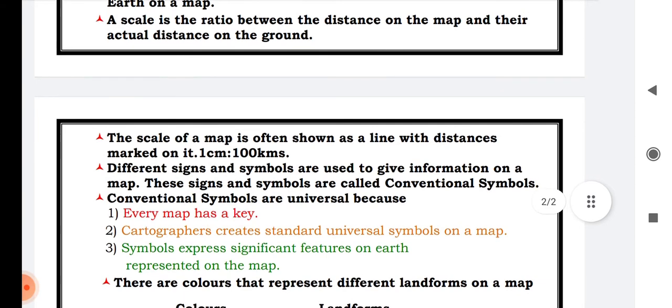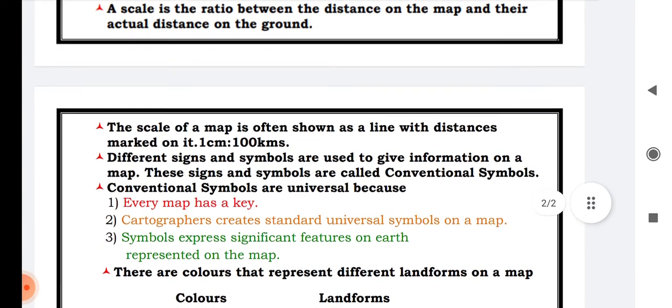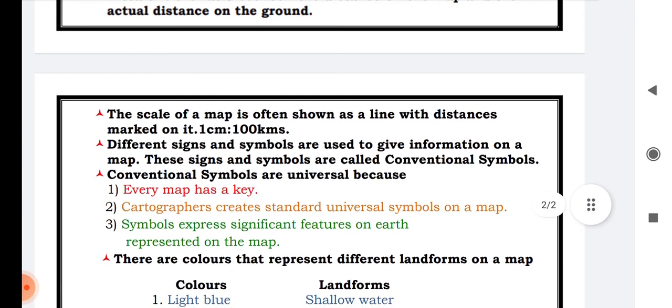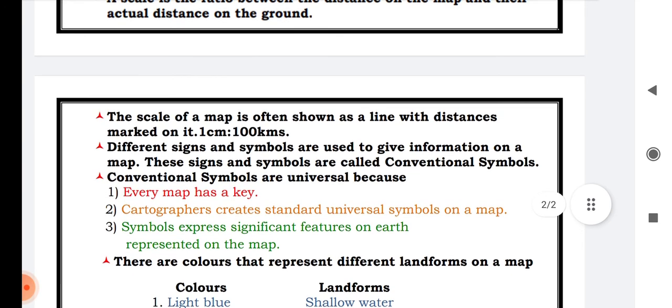A scale is the ratio between the distance on the map and the actual distance on the ground. The scale of a map is often shown as a line with distances marked on it. Suppose 1 centimeter is equal to 100 kilometers.